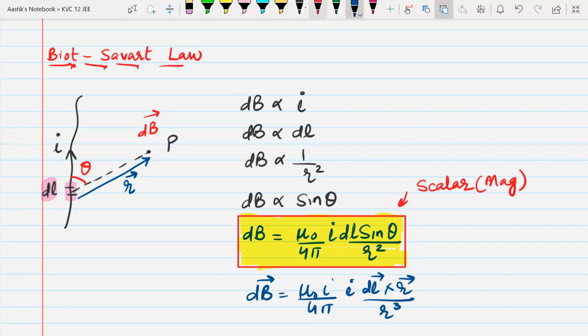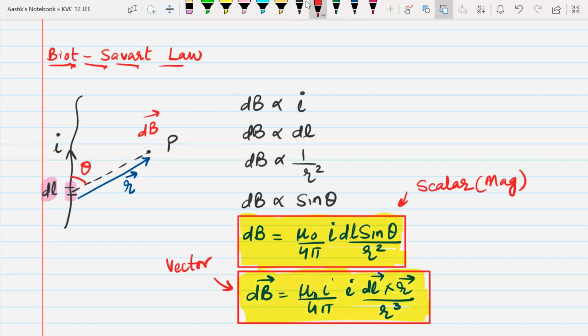I can write it like this also. Let's not make it very confusing. This becomes the vector formula of magnetic field. We might not be using it, but it is important that we understand this is the vector formula, and therefore it gives us both magnitude as well as direction. Do we understand this?